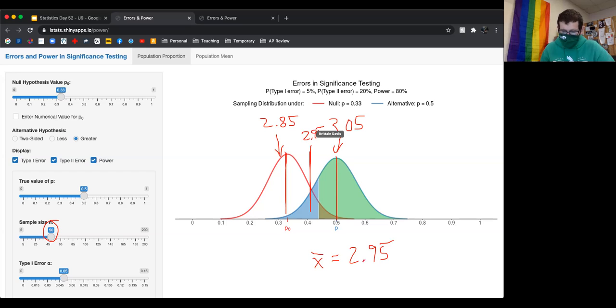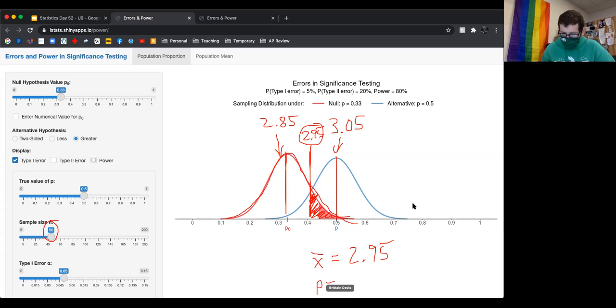Now, according to my null hypothesis, right here, let me get rid of the type 2 error and the power. I don't reject my null hypothesis, because I'm looking for the probability of getting this result or greater, and I end up with a p-value. I'm making up numbers here.